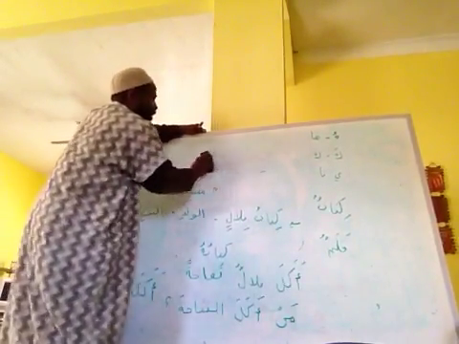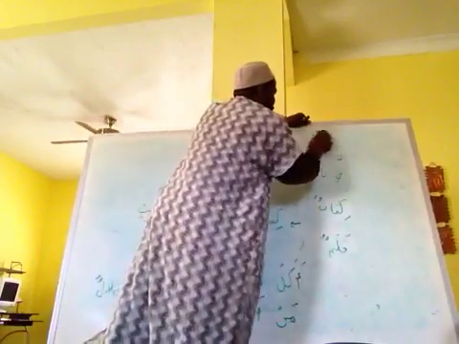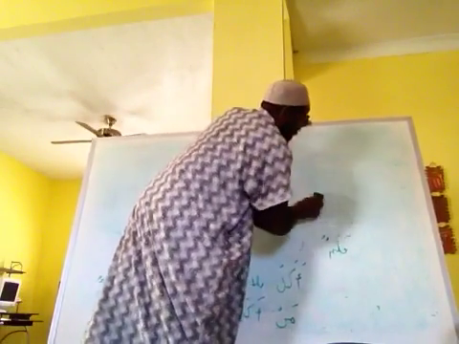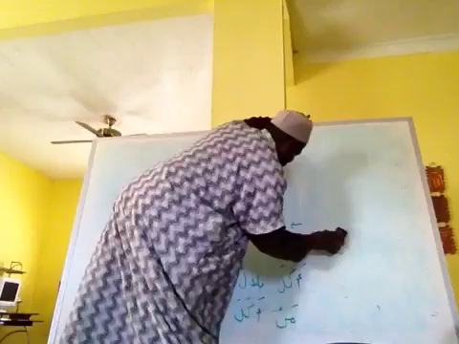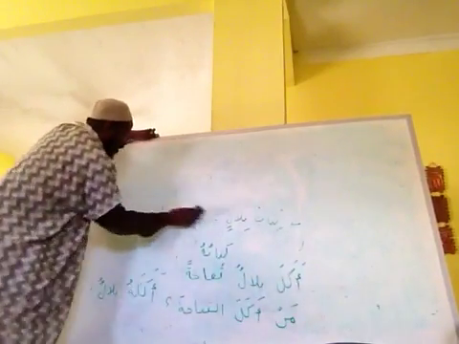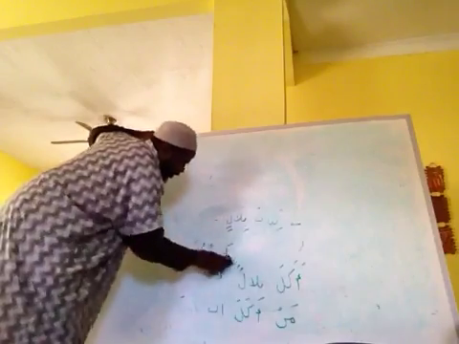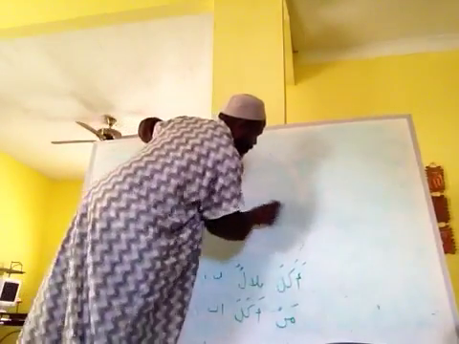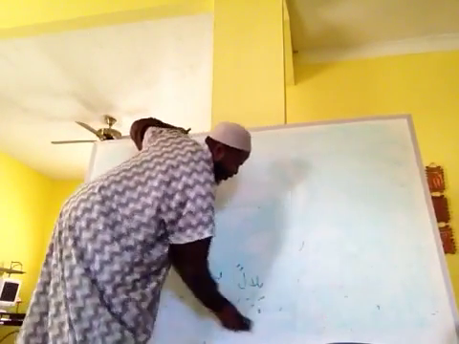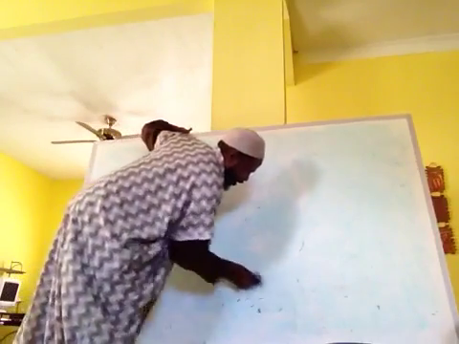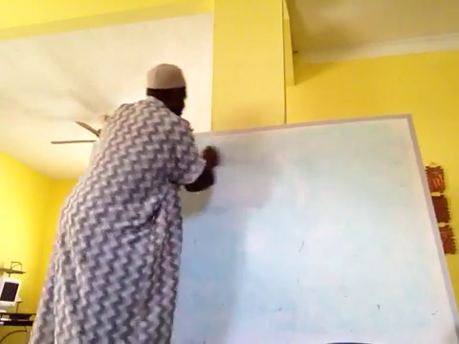He tells us what a fa'il is. We know what that is because the words in Arabic usually mean exactly what is being done. Fa'il is the doer. So if you know that this is the doer, and you know how to pull that word from the actual verb, then it's easy to remember it like that.